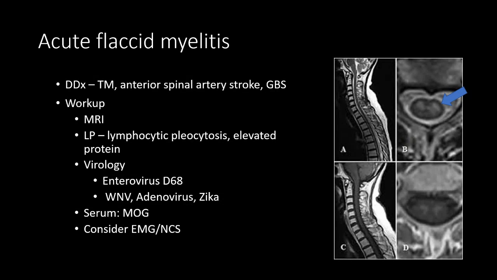Whether this is actually an infection and viral destruction of the anterior horn cell versus just a predominantly para-infectious inflammatory process is not completely understood, but there is definitely an association there. West Nile virus, adenovirus, and Zika have also been associated with AFM.